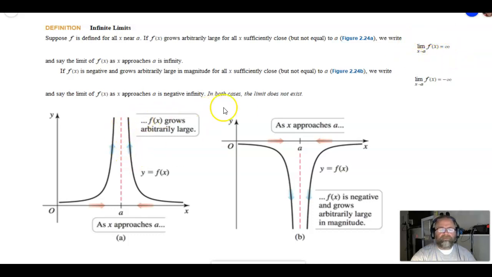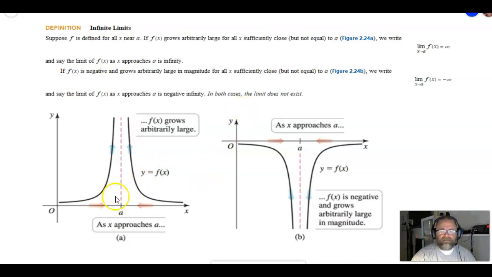Now remember, in both cases, the limit does not actually exist because infinity is not actually a number. And in order for the limit to exist, it has to be approaching a constant. And a constant is a specific value, like negative 2.1.